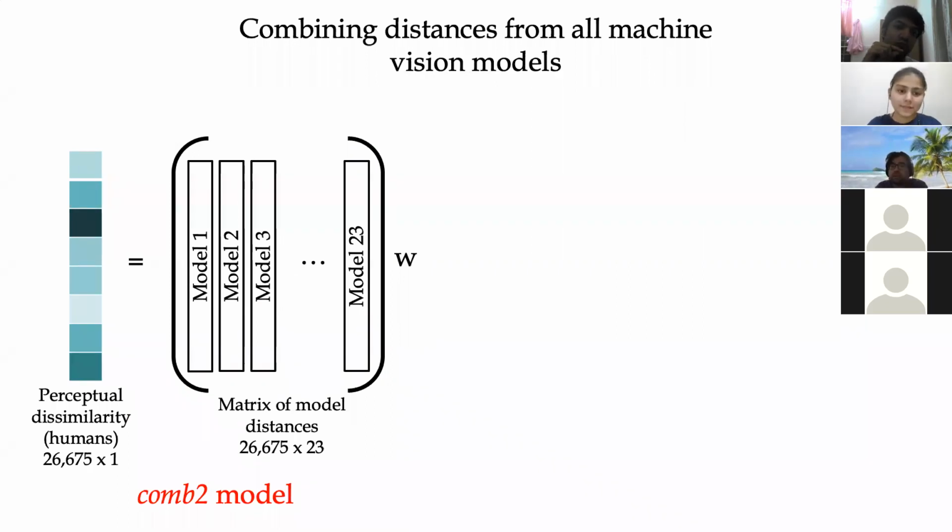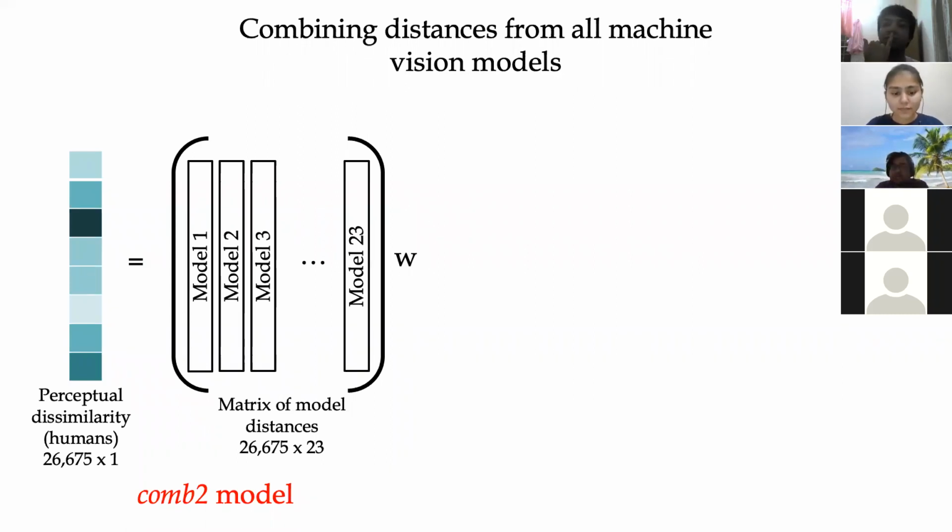To do so, we took the weighted linear combination of all the model distances and reweighted them using optimization and cross-validation to fit perceptual dissimilarity measurements in humans. We call this the COM2 model because this is the second combined model that we tried out. If you're wondering where the COM1 model is, it is in the paper. I won't be explaining it, so if you're interested, go ahead and take a look at it.